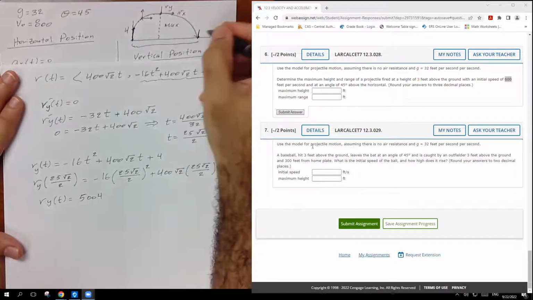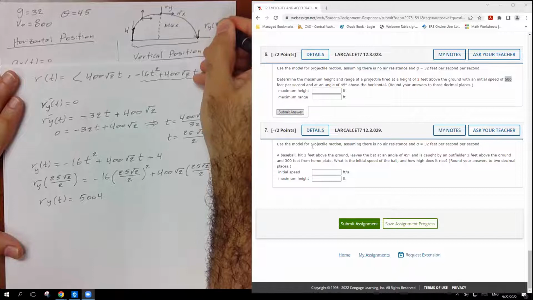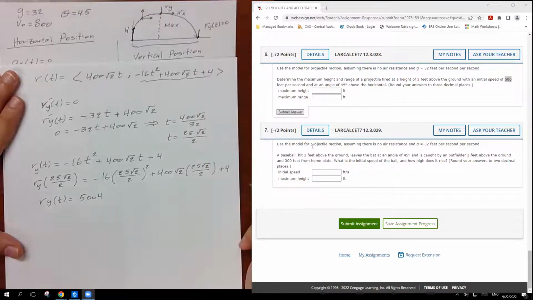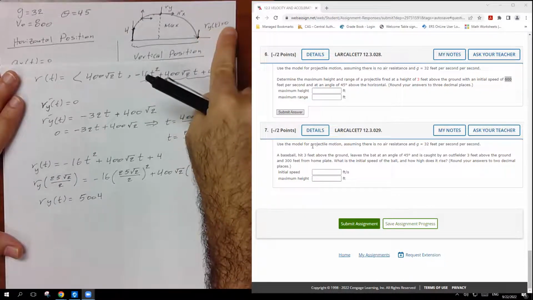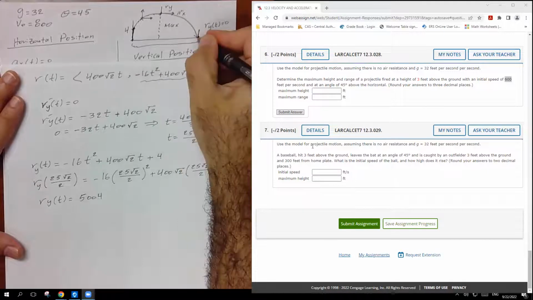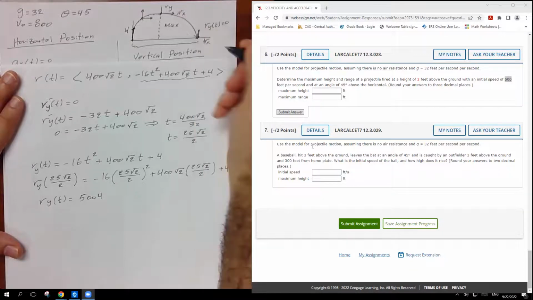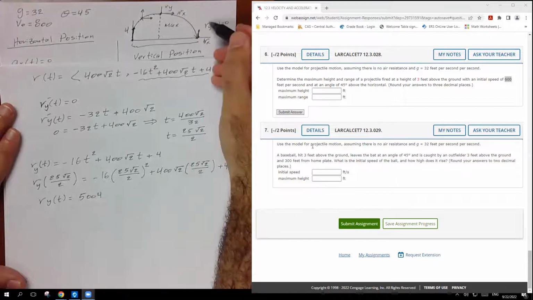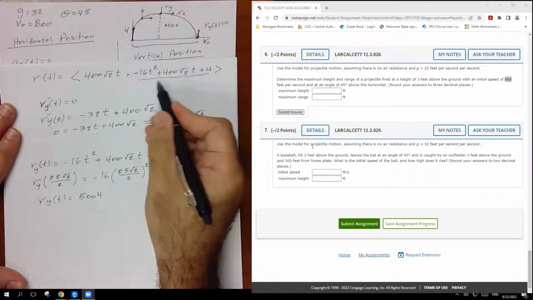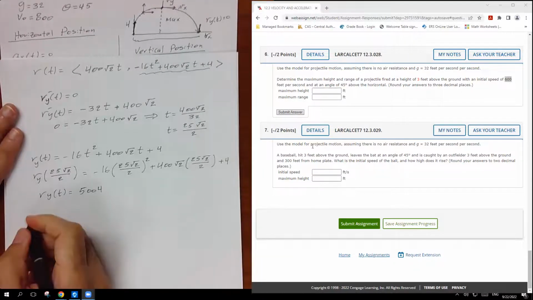At this point, the position with respect to y and t is going to be 0, not the derivative. r sub y with respect to t is going to be 0 at this position, because there is only r sub x, which is going to be the maximum range. So r sub x is the maximum range because r sub y is 0. I'm going to use this one, because I have r sub y, to find the t. So this is the second part. This is the maximum height.